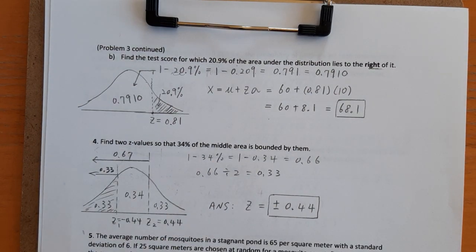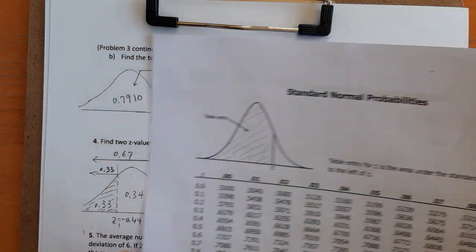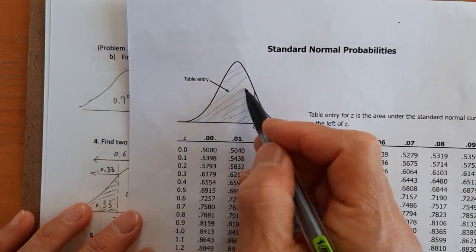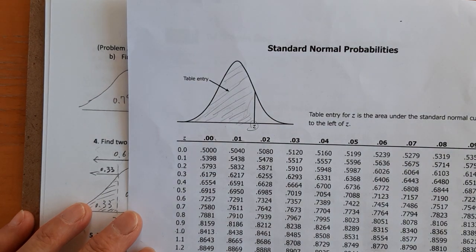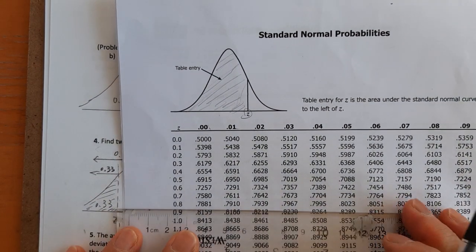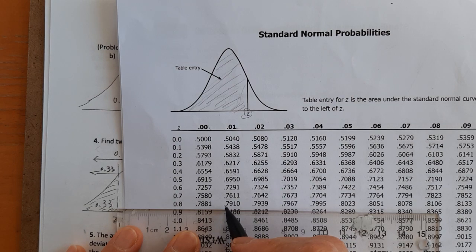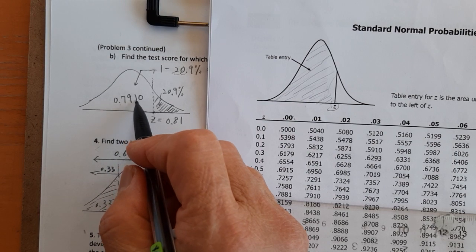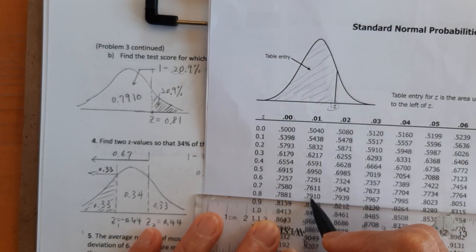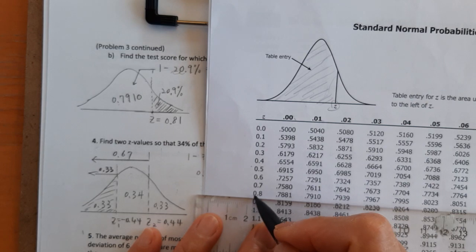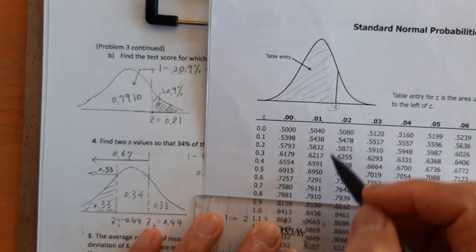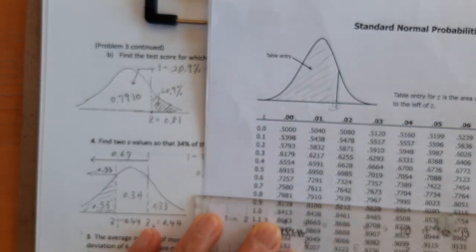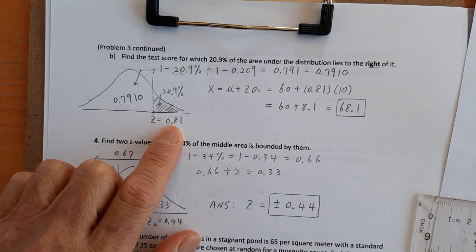So you look at the table. 0.7910 is the area to the left of the z-score. 0.7910 is this number, and z equals 0.81.